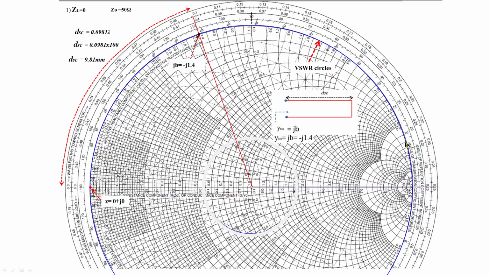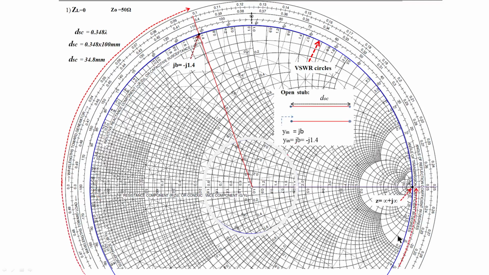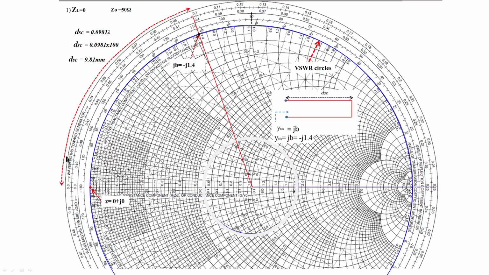The susceptance values below here are the positive values of susceptance. So you should stop somewhere here, in the bottom, and measure the distance again from here, and stop wherever it is plus 1.4.